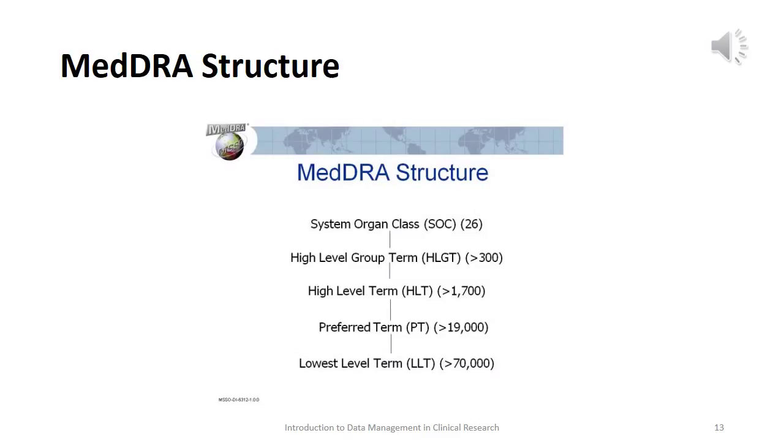So we'll progress to a high-level group term, a high-level term, and then a preferred term, and then finally down to the lowest level term. As you can see in our dictionary, the lowest level term is populated by greater than 70,000 different terms. So as you can see, it's a pretty expansive dictionary.